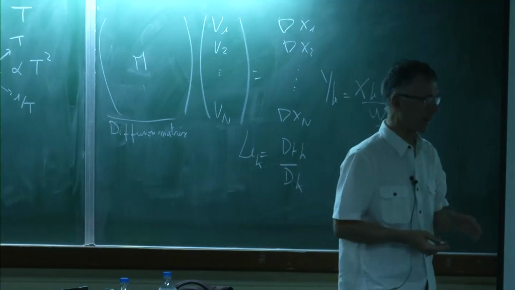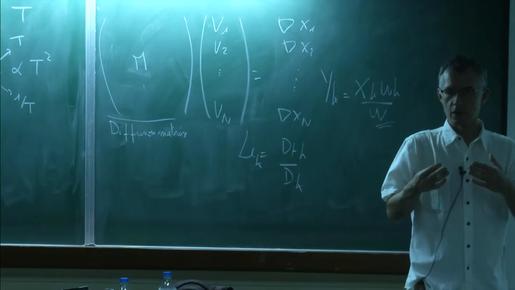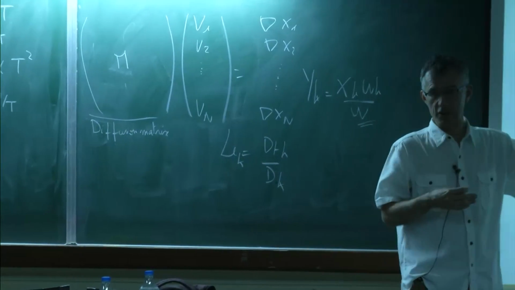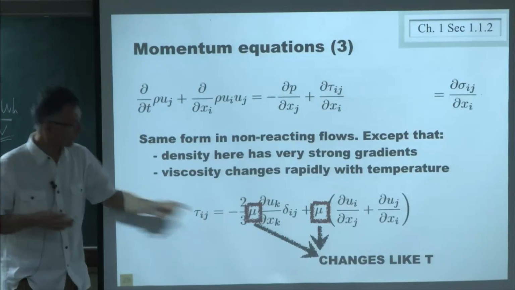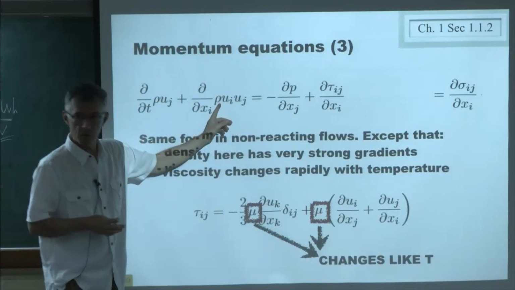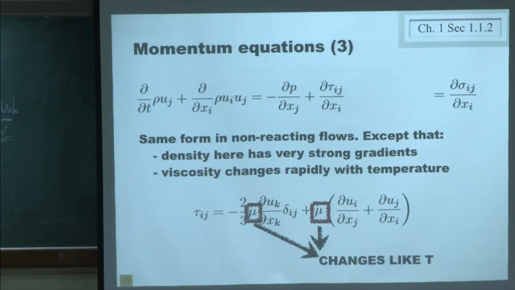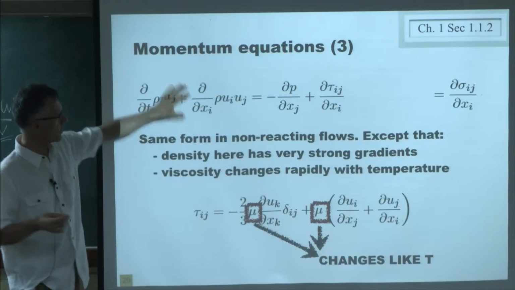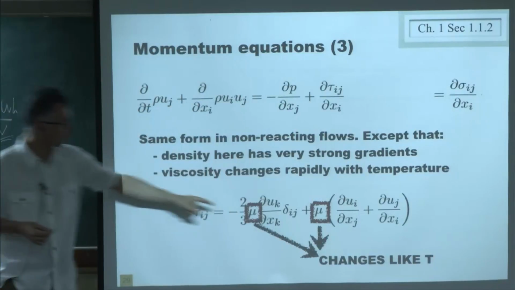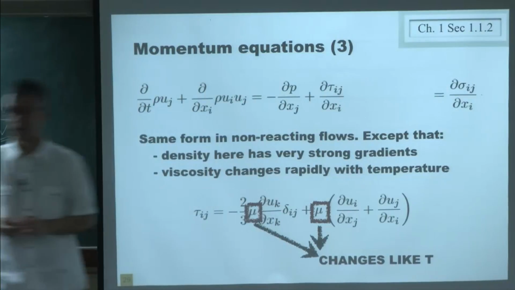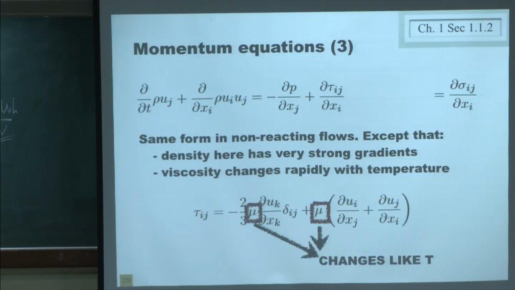So there is an effect of flames on the field of velocity, but it's only through the fact that density is changing and viscosity is changing. So if you have a code which solves for classical aerodynamics, you don't change anything here. You just add here a mu which is changing with temperature.